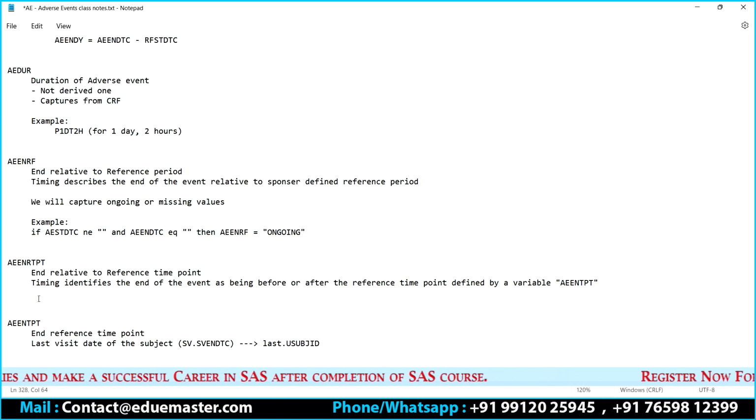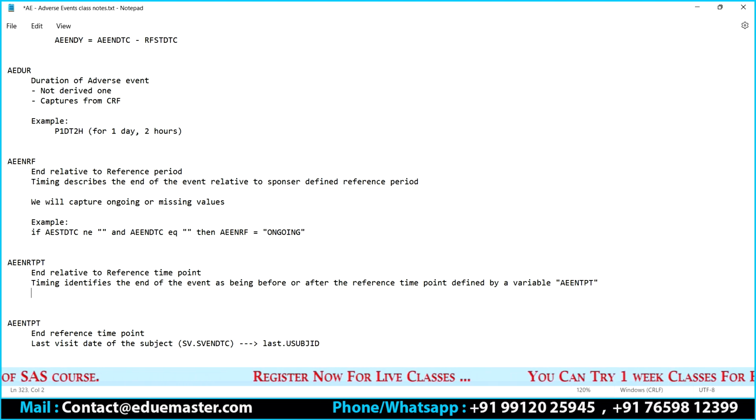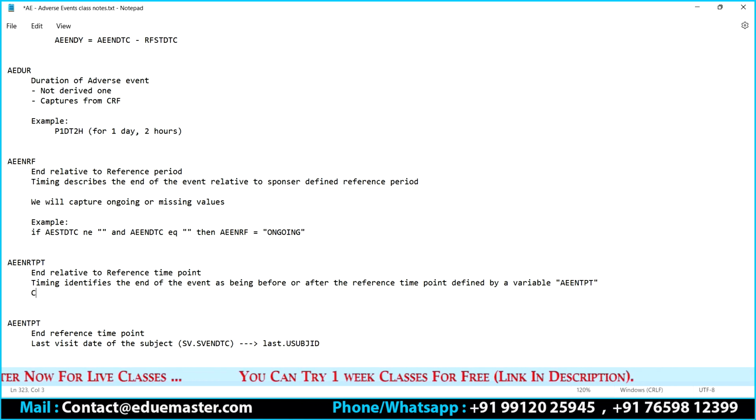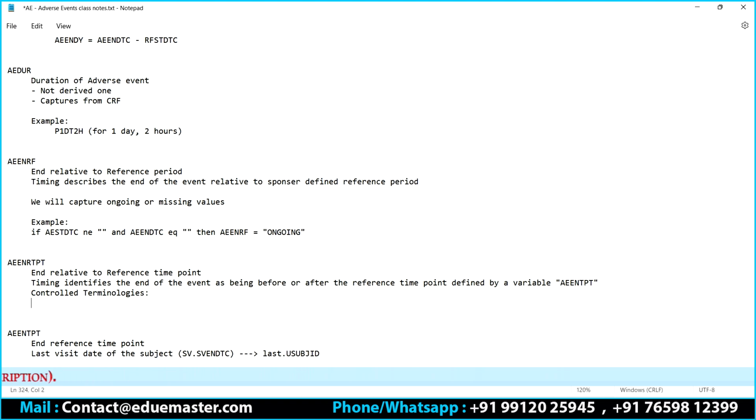Okay, now come back to this particular one. What are these values going to be? We can call these control parameters, control terminologies. So what are the control terminologies that are possible here?